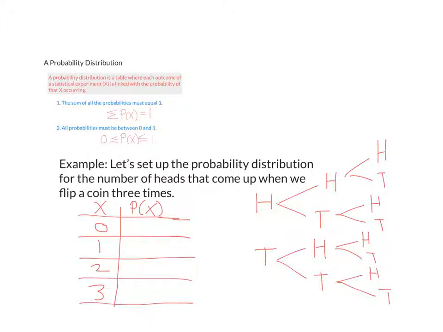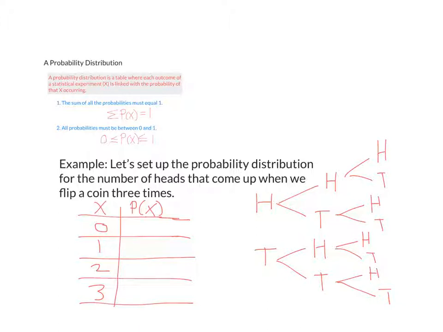All right. Now, how many heads do we have here? Well, we have 1, 2, 3, 4, 5, 6, 7, 8 possibilities. And for the probability of getting 0 heads, there is only one instance, tail, tail, tail, that has 0 heads.